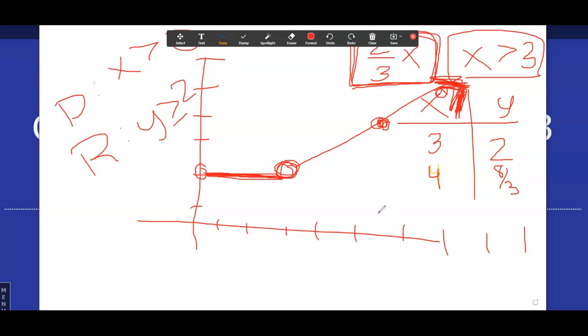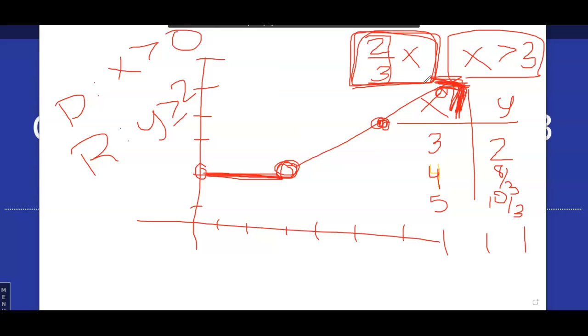And then 5 would be 10/3. So instead of making the chart, I just used the idea that my slope was 2/3 and applied it to the graph. Once I had my starting point, I didn't need the rest of the table, but you just plug in x values to the equation. Anytime I'm making a table, I'm just plugging in an x value into the equation I have. Gotcha.